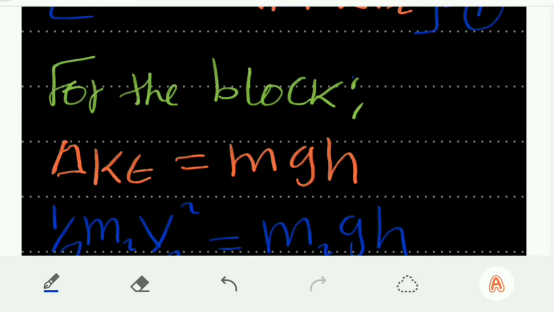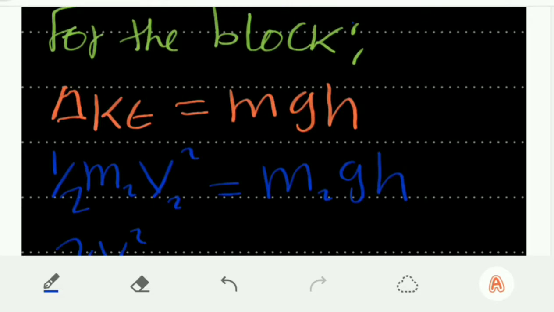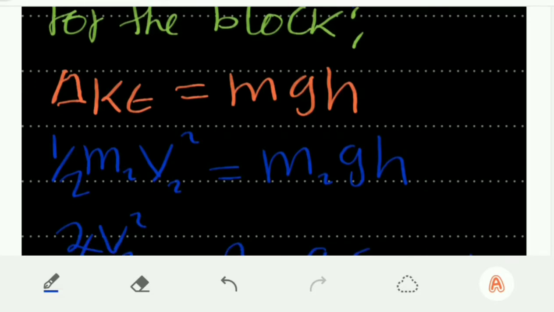Now, half m2, because the block is m2 in this case, and its final speed is v2. The initial is 0, so there's no need of showing final minus initial, because the initial is automatically 0.